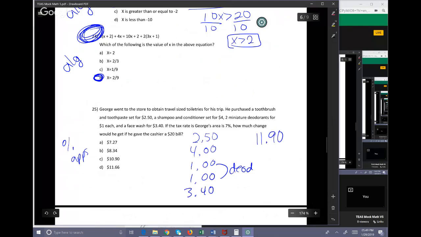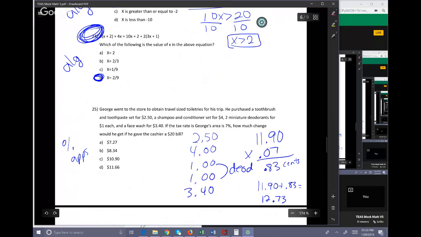When I go to get the tax on it, I take that $11.90 total and I multiply it by the appropriate percentage given for the tax, and I find out that there are 83 cents in tax. When I put $11.90 and 83 cents together, I find that the total expenditure is $12.73.